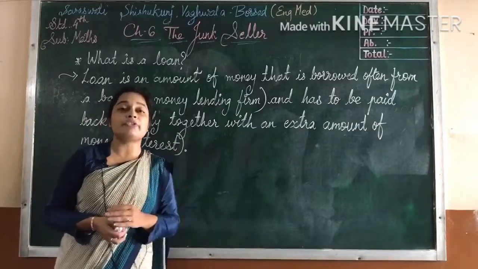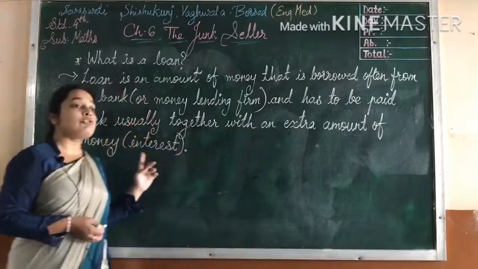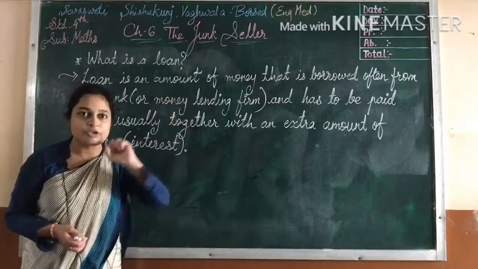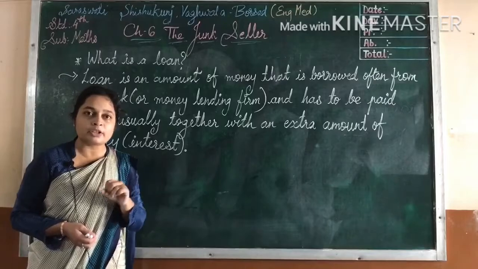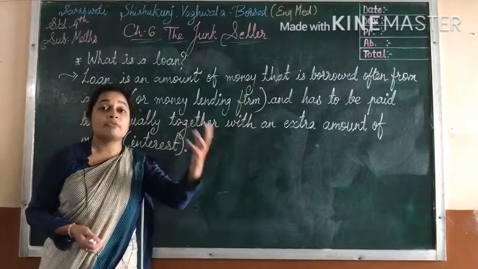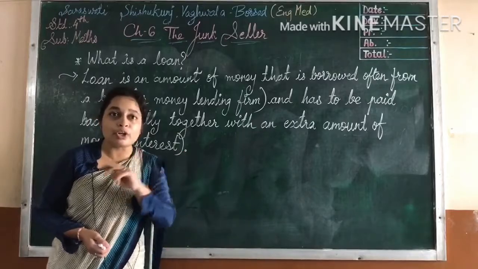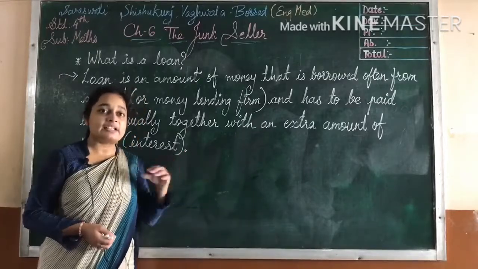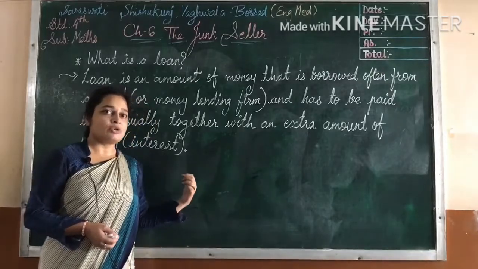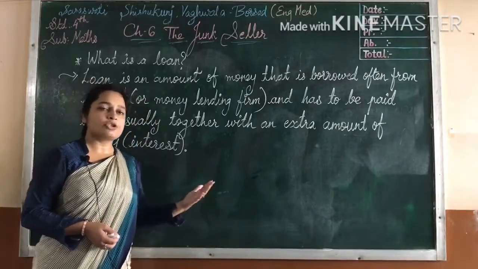So that 200 is the extra amount of money. You borrowed 1,000 rupees from your brother and gave it back with an extra amount of 200 rupees, right? So that is the loan. Now let's see the next topic.